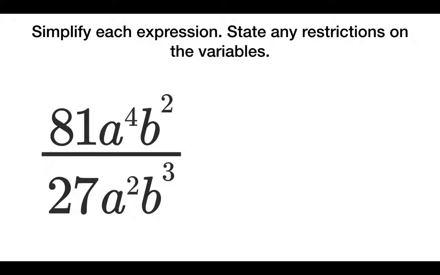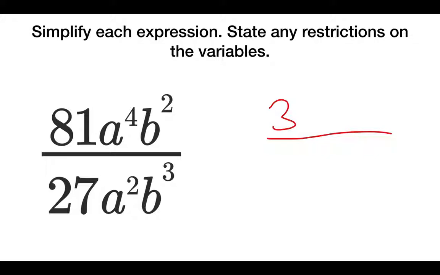So, simplify each expression and state any restrictions on the variables. Let's start with this one. The first thing I'd notice is 81 over 27. I know these are multiples of 9 at least. That would give me 9 over 3, which I actually know is a multiple of 3. So what we end up getting in this case is 3 over 1.